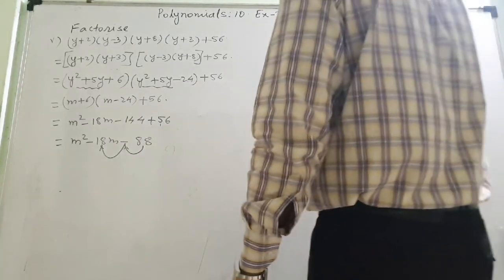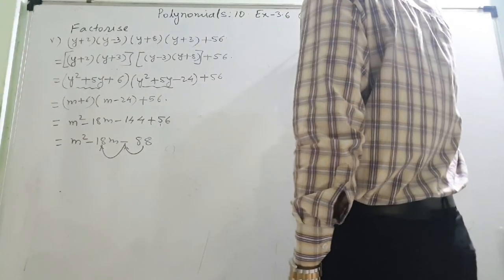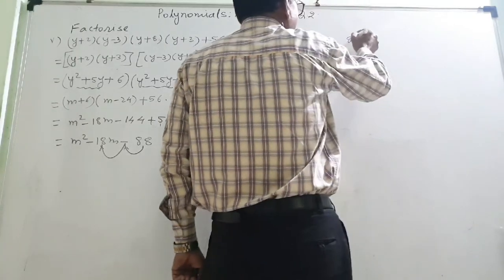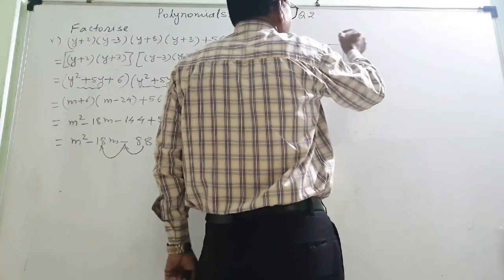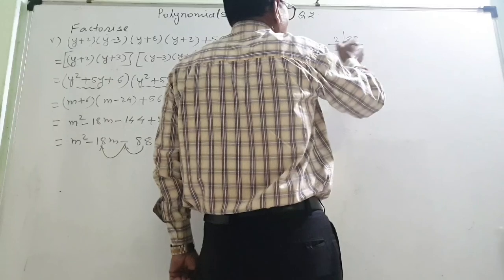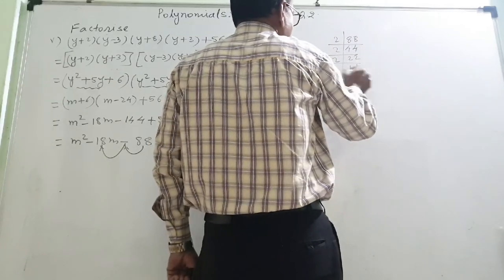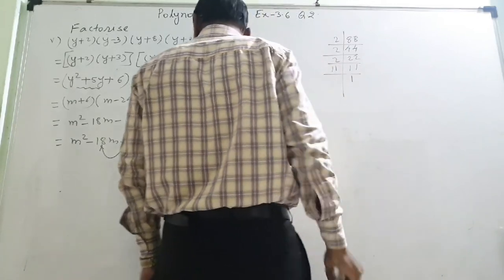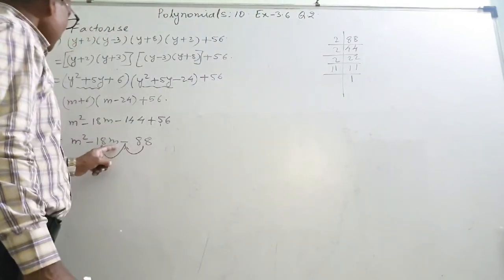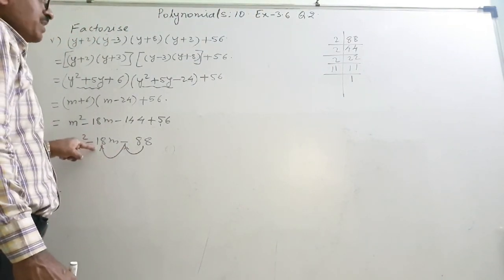See this 88, how will I factorize? 88 by 2 I can divide: 2 44, 2 22, 2 11, and 11 1. I want to subtract, and the subtraction should be 18.